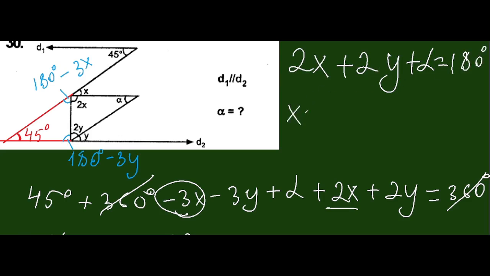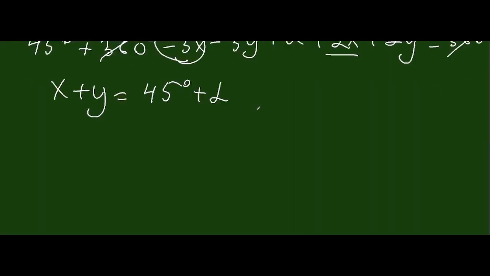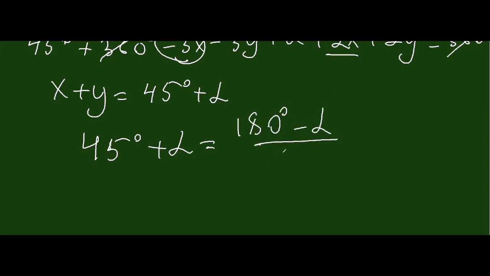So x plus y here will equal 180 degrees minus alpha over 2. So we can plug into x plus y, 45 plus alpha, and it will equal this one, 180 degrees minus alpha over 2.